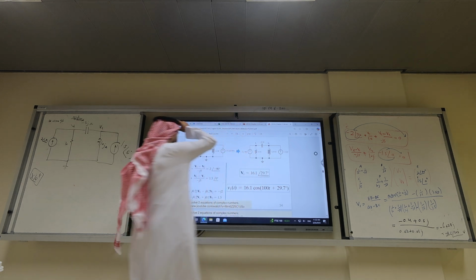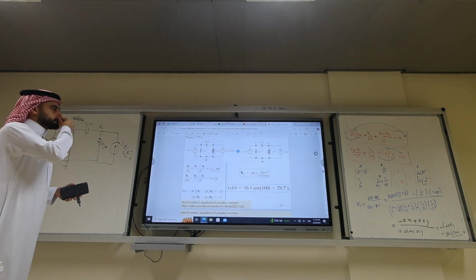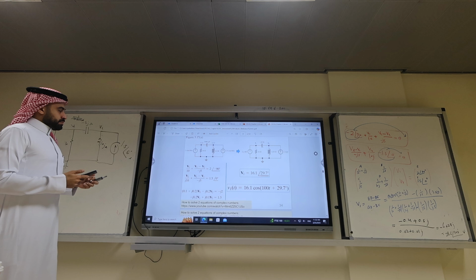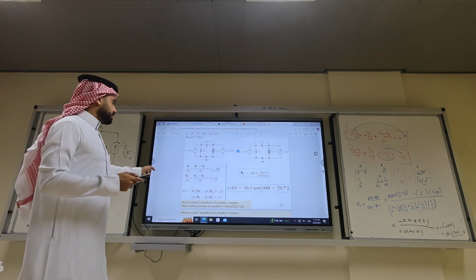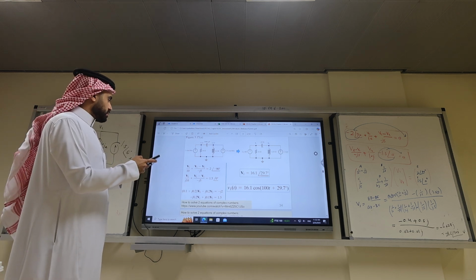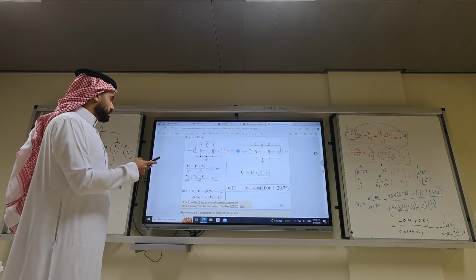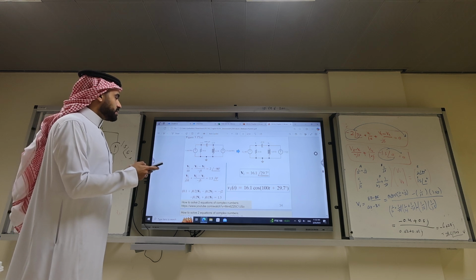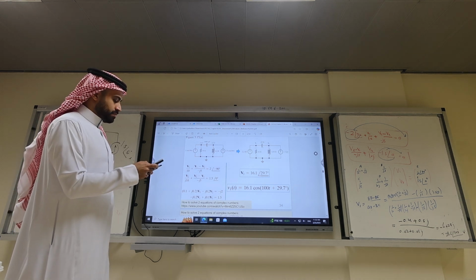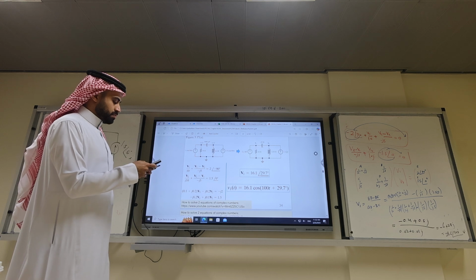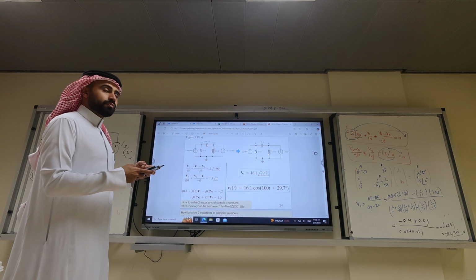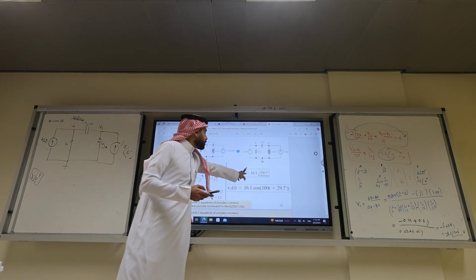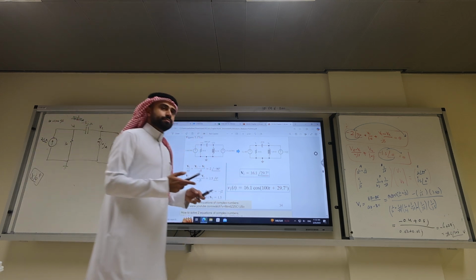That's why we want to do the exercise together. Well, let me verify that the coefficients are true. Guys, if you notice, Doctor, what is the answer? That's the answer, 16.1 angle 29.